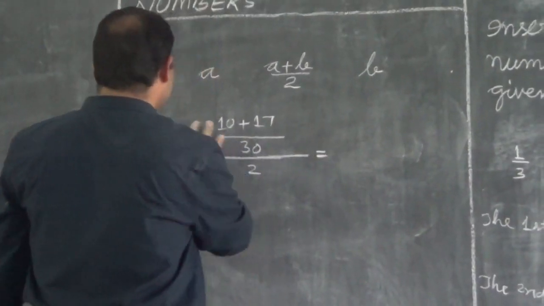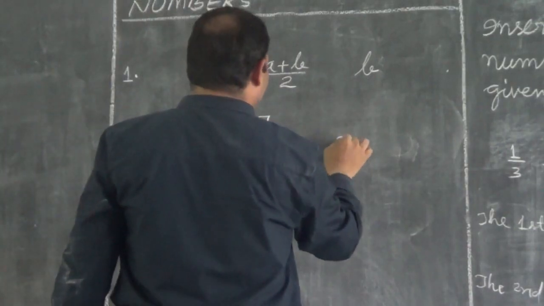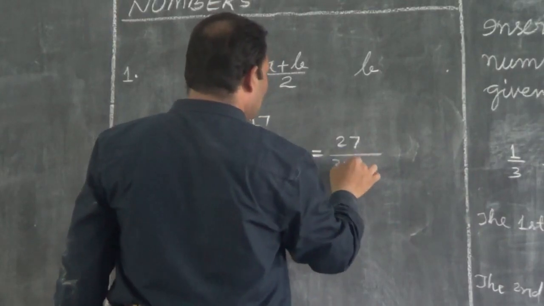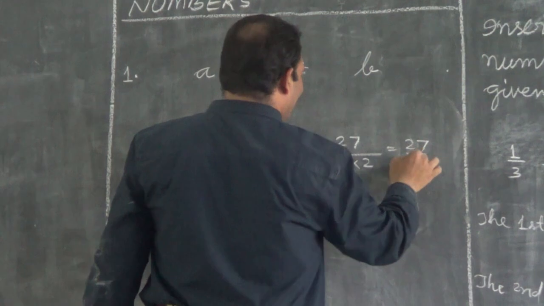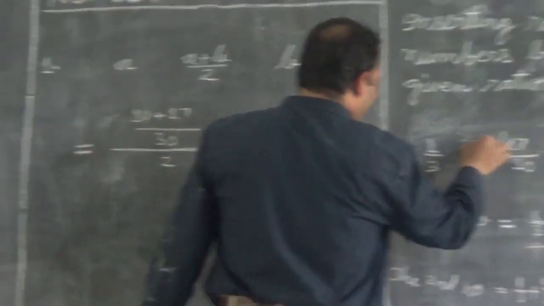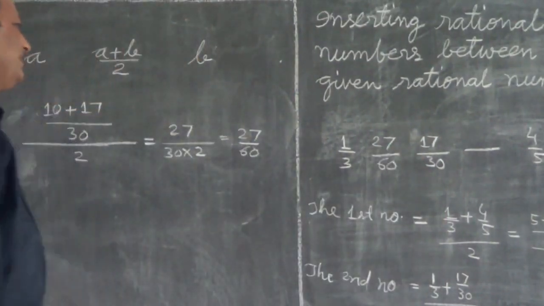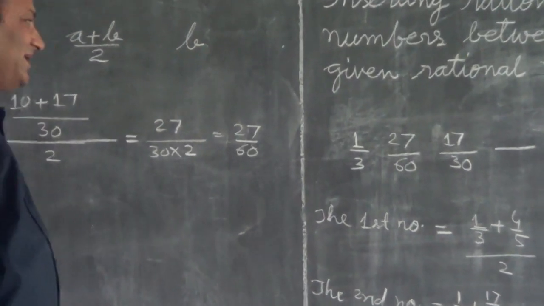That equals 10 plus 17, 27, divided by 30 into 2, that is 27 divided by 60. So you can write 27 by 60 because you found it between 1 by 3 and 17 by 30.